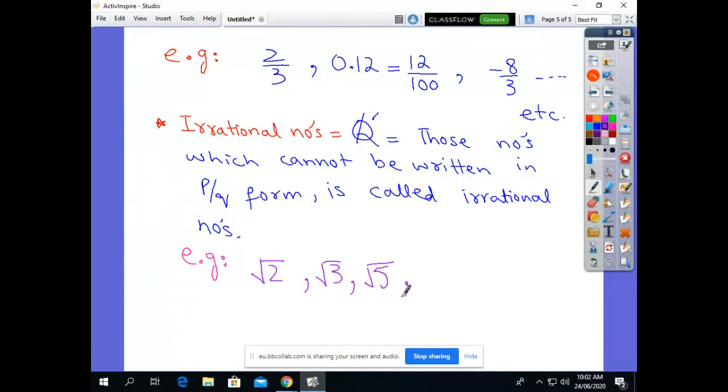Similarly, square root 8 is also an irrational number, because if we convert it into simplest form, it becomes 2 square root 2, which is also irrational. The most important irrational numbers are pi, a Greek symbol, and e, the exponential value, which are examples of irrational numbers.